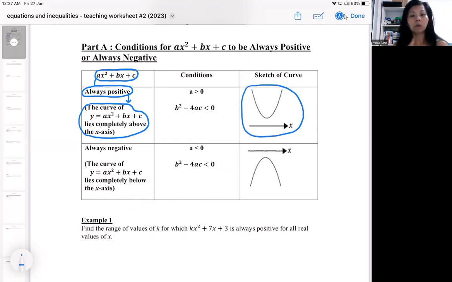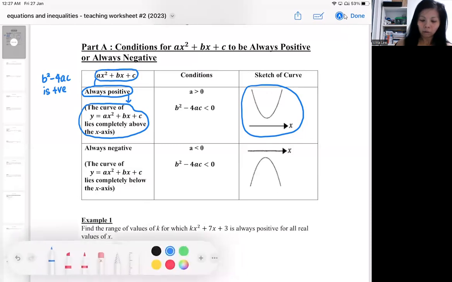So do not be confused with the discriminant being positive. The discriminant being positive implies real and distinct roots.